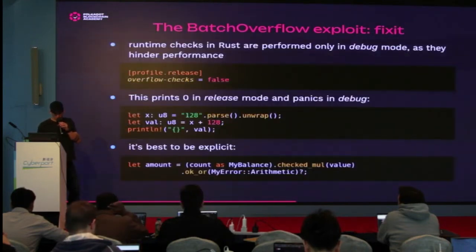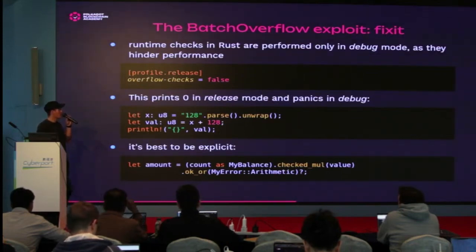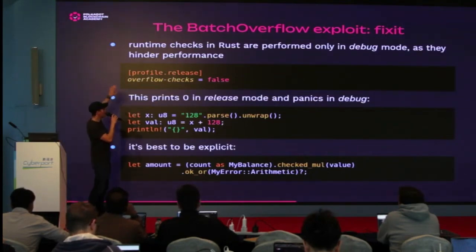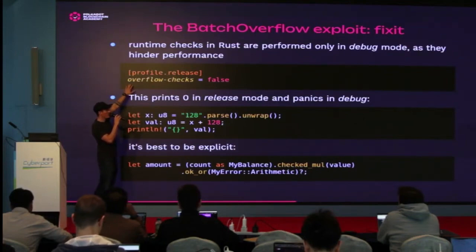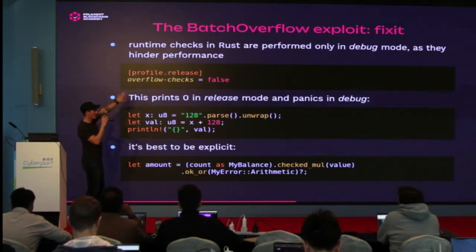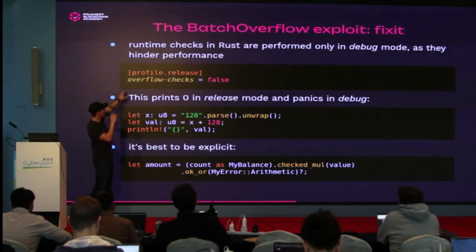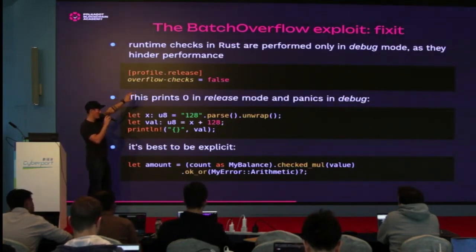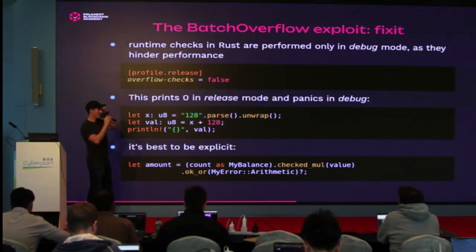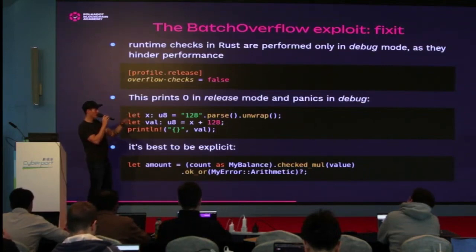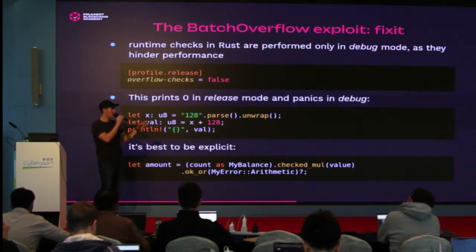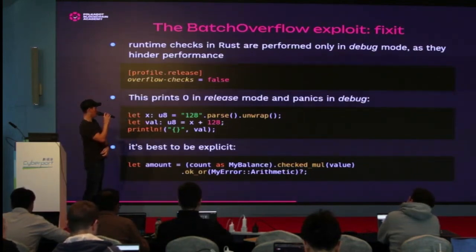And in fact, Rust does have one foot gun. By default, the dev profile and your tests, for example your unit tests, are compiled with overflow checks. So you would get a panic if your addition or multiplication overflows.